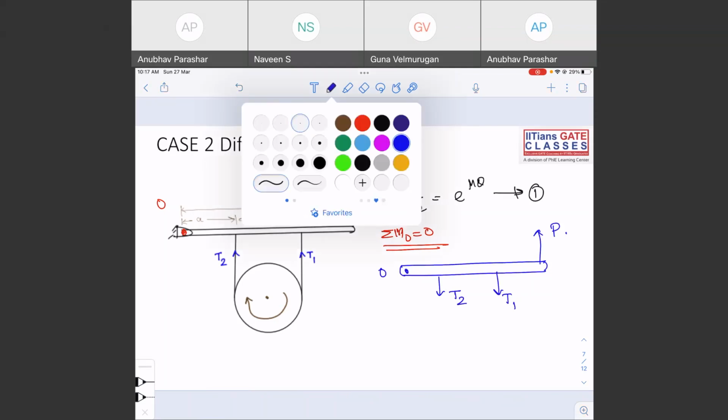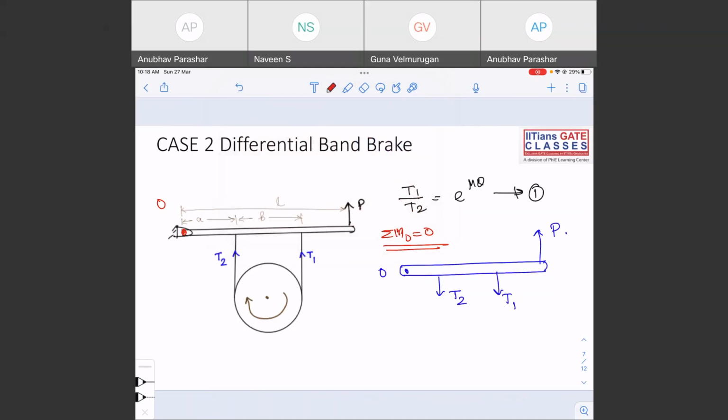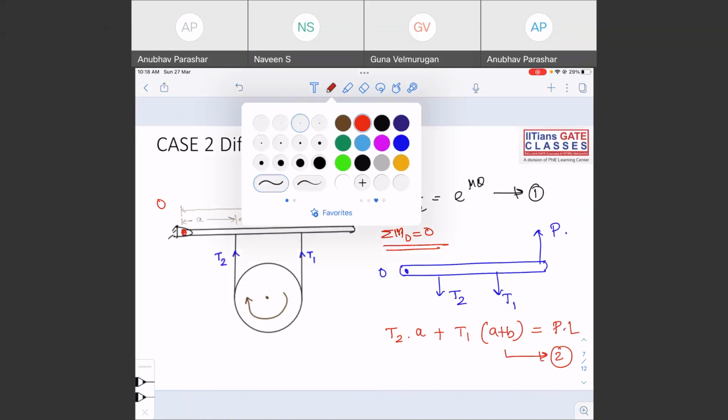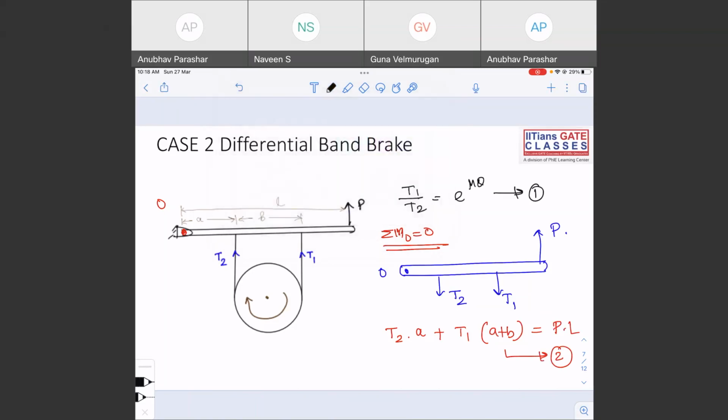If you take moment about point O, T2 into a plus T1 into (a plus b) should be equal to P into L. So this is our second equation. From equations 1 and 2, you can solve for T1 and T2.